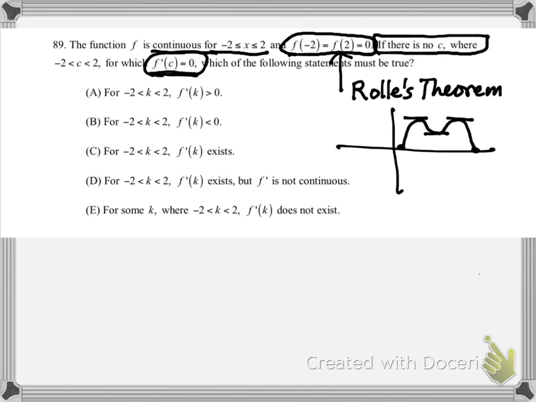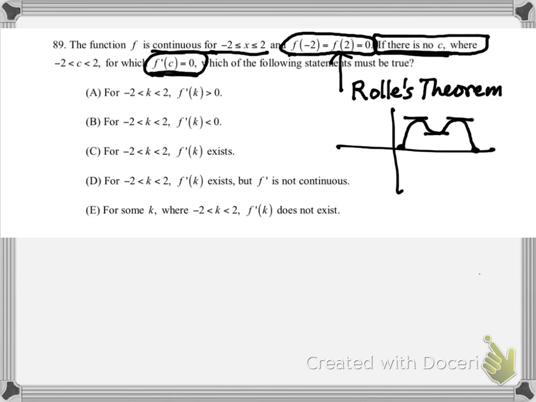So that only means that either the function is not differentiable or not continuous, but it already tells us that it is continuous. Okay, so that leaves us with the last possibility, that the function must not be differentiable. Okay, it might be continuous, but it shouldn't be differentiable, or the derivative does not exist. That's the reason why there is no such c. That's the reason why Rolle's theorem does not apply.